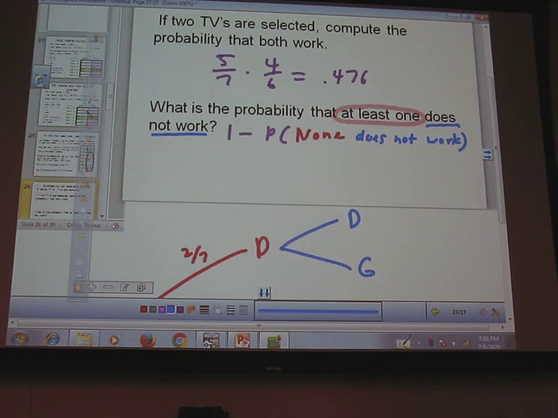None are broken. Oh, they both are good. Right? But you have to go through that step of figuring out what that weird English is, the double negative stuff, right? So both do work. That's the same thing as 1 minus the probability that both work. And you already have that. 1 minus 0.476.